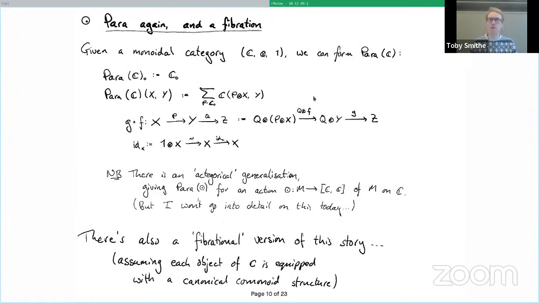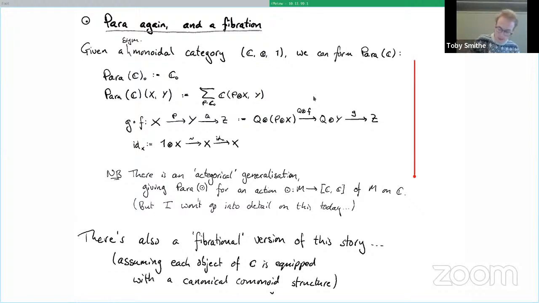Before we get on to the new construction, this is the para thing I mentioned already, where we've got a monoidal category. It should probably say symmetric. This is just the same thing I wrote on the previous slide, for a monoidal category instead of set with its product structure.